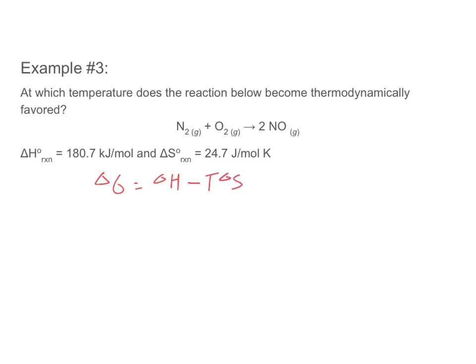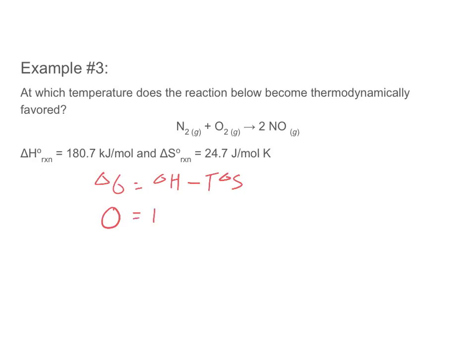Because I'm trying to figure out the temperature at which the reaction becomes thermodynamically favored, I'm going to do my calculation assuming equilibrium, so I'm giving delta G a value of 0.